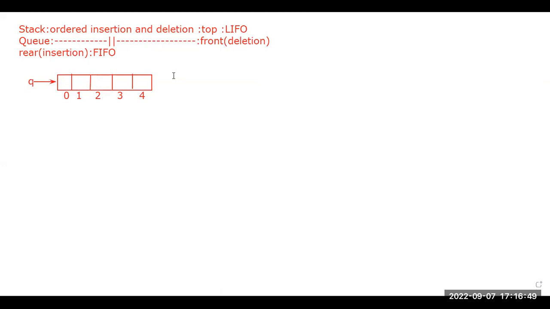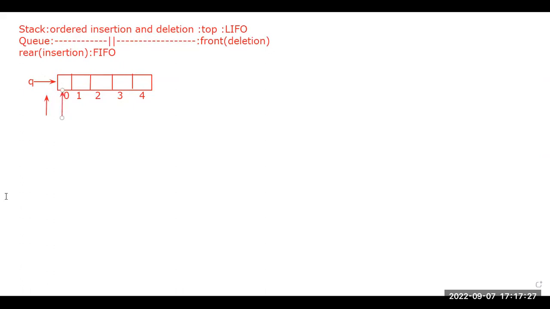Now always remember there will be 2 pointers when you deal with a queue. One is here, and the other one is here.